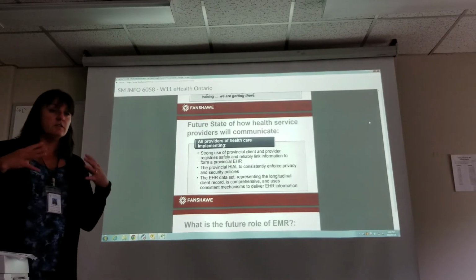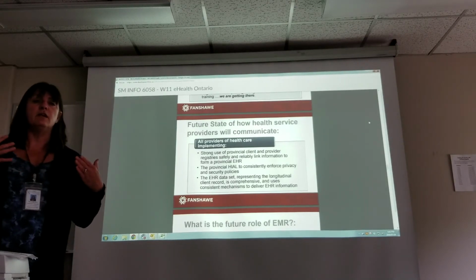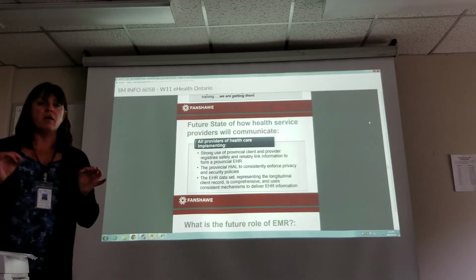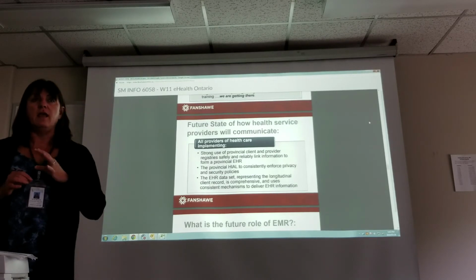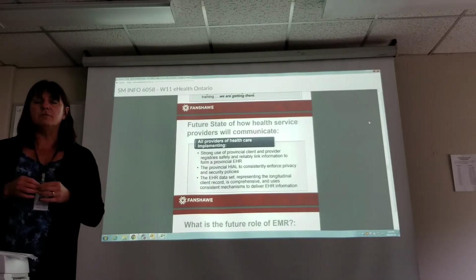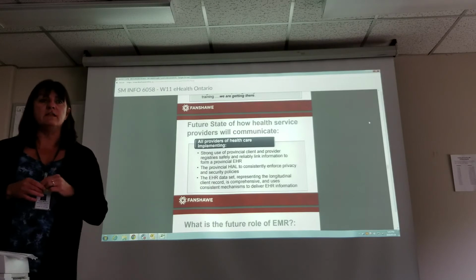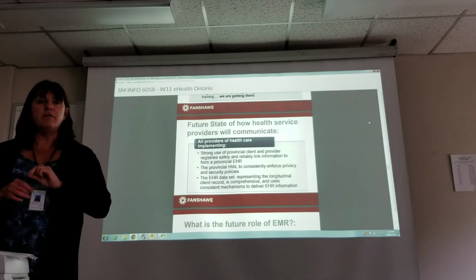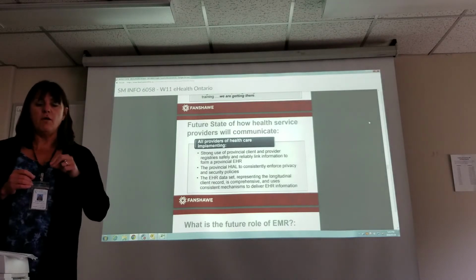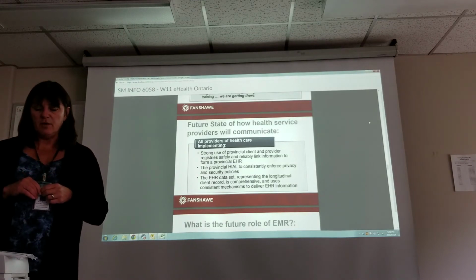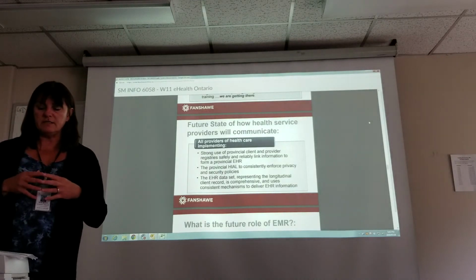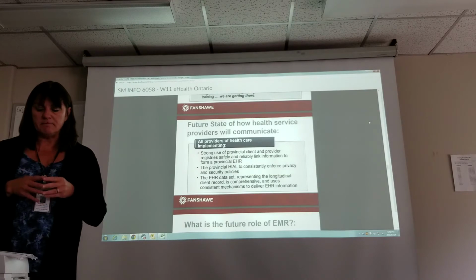So each of the individual areas should have a security and a privacy policy. So regardless of whether that is a Crescent Care long-term care facility, or a physiotherapist office, or an ophthalmologist office, or a hospital system, we should all have those security policies and the privacy policies in place.